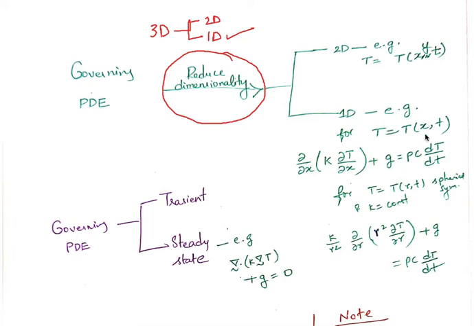So for example, if it depends only on x, then what will the PDE become? The divergence of k times gradient will then become, since temperature only depends on x, you don't have dT/dy, dT/dz terms, and you will finally end up with d/dx of k dT/dx plus g equals rho c dT/dt, okay.